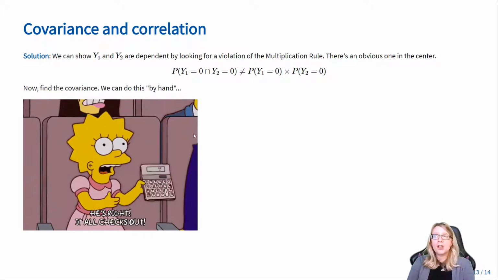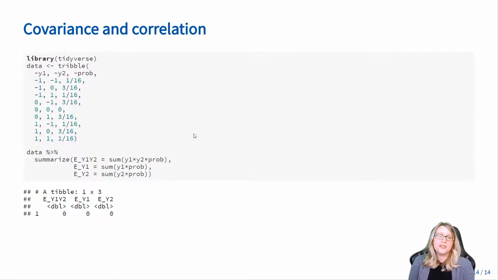Now, we can find the covariance by hand. However, what I'd like to do is show you a way that you could do this using something like R. Here I'm using a function from the tidyverse in R called tribble. What this tribble function does is allow you to specify essentially a data set like you would a table. This data set is pretty short.